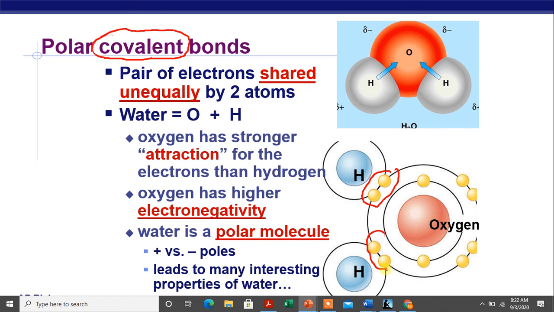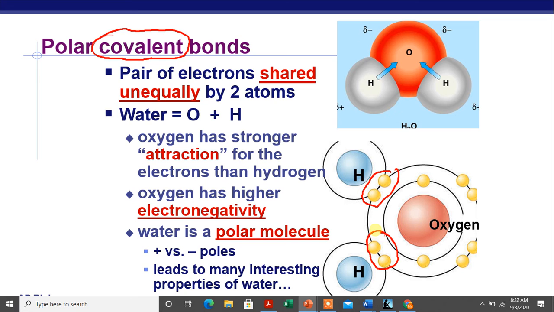And in this picture, those electrons are drawn right in between the oxygen and hydrogen, right in the middle. That works really well to get the idea that they're being shared, but that isn't accurate as far as what actually happens. Pairs of electrons that are shared in covalent bonds in a lot of cases are shared unequally.